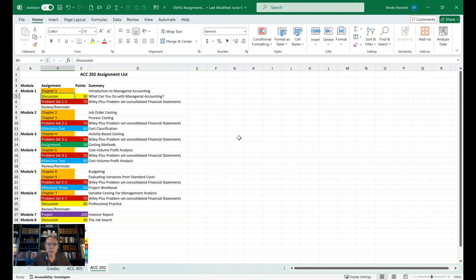We go to job order costing, process costing. These really are involved in the manufacturing process, but they can be involved with service as well. Activity-based costing. So if I have different types of activities like setup charges that I have to create, I want to assign those to the specific product that I'm making rather than just spreading overhead by some other method, such as service hours or labor hours.